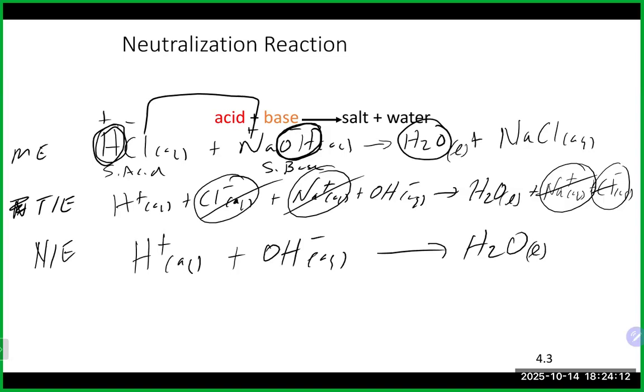If you take any strong acid and strong base together and get all the way down to the net ionic equation, you always end up with water being formed, and that is the ultimate thing that's happening here. That is why it is called a neutralization reaction, because you're just forming water in this case. Any combination of strong acid and strong base will end you there.